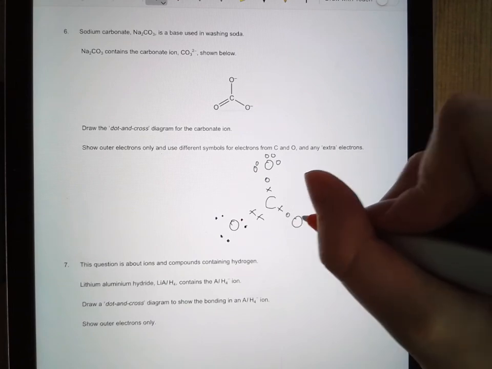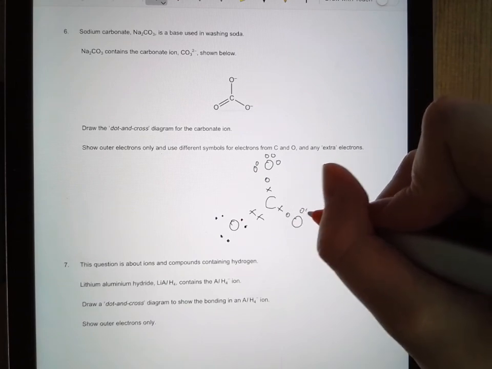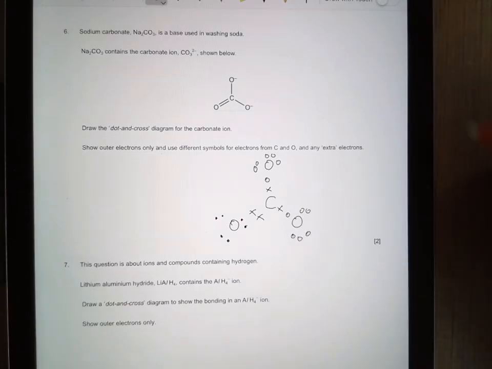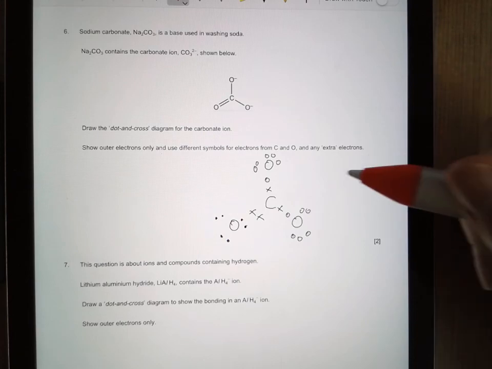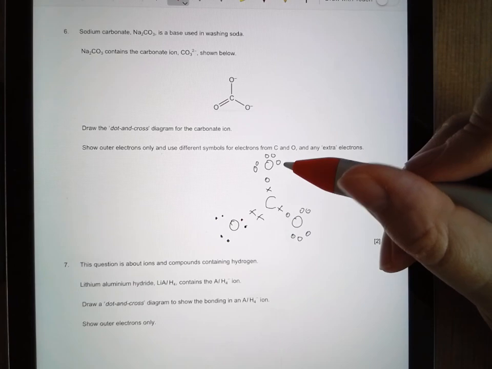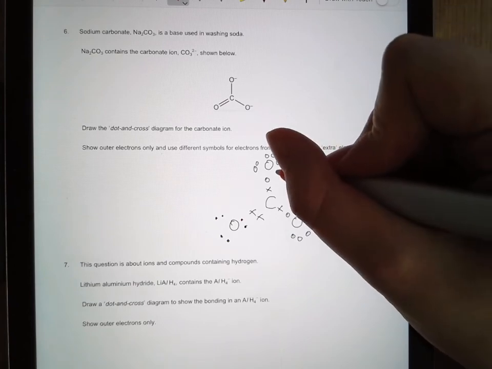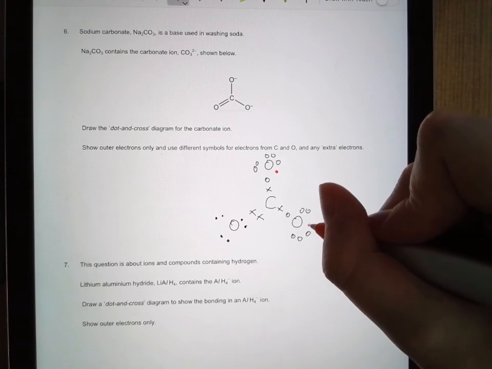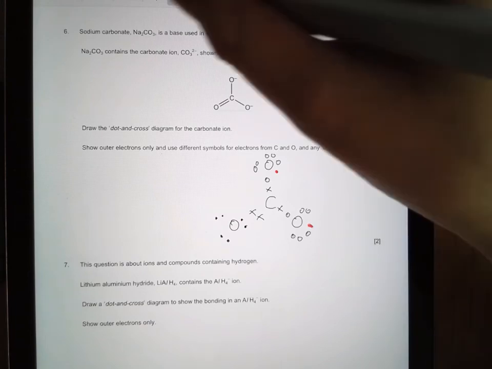It's contributing 1 electron to the single bond, leaving it with another 5 electrons. But now I must also draw my extra electrons. Both of these oxygens have a negative charge. They've both received an electron from sodium. So I'm going to draw in another electron.